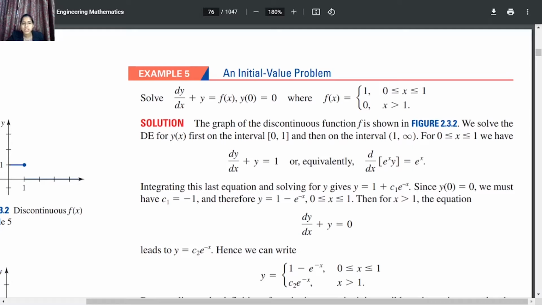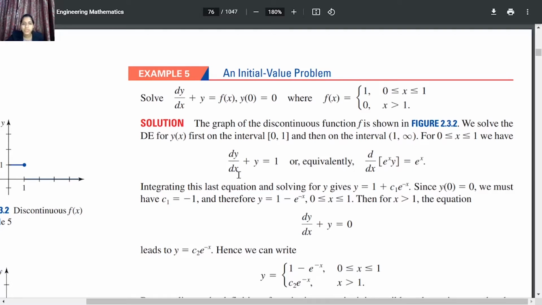The first case is dy by dx plus y is equal to 1 for 0 less than or equal to x less than or equal to 1. This is already in the standard form. So here p of x is equal to 1. The integrating factor will be e raised to the integral of 1 dx, that is e raised to x.